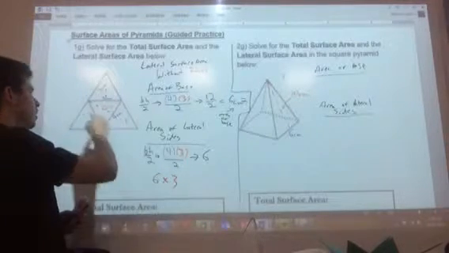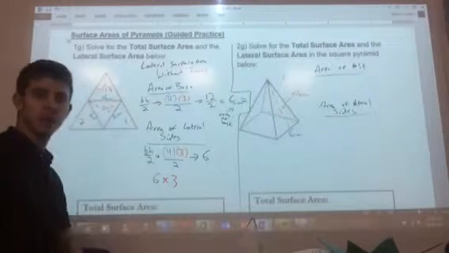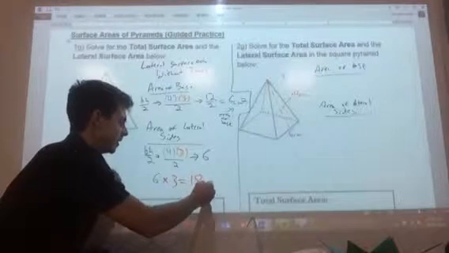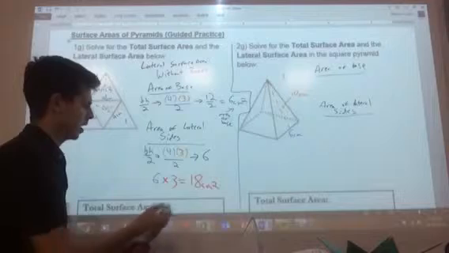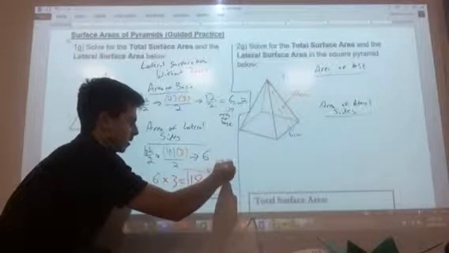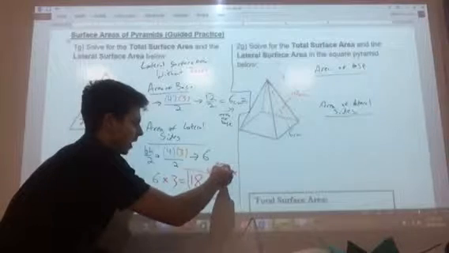Why? Because there's 1, 2, 3 lateral sides in this triangular pyramid, and that gives me 18 centimeters squared. And this right here is the area of the lateral sides.